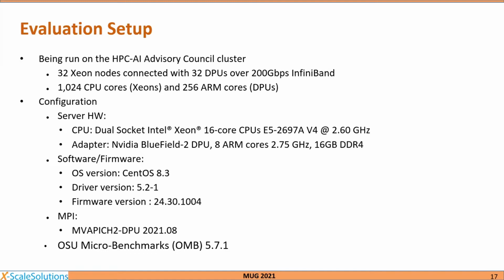So in total, we have 1K CPU cores and 256 ARM cores. On the configuration side, the CPU is an Intel Xeon, this model, basically 16 core and clocked at 1.6 gigahertz.